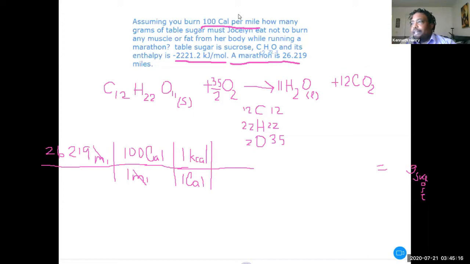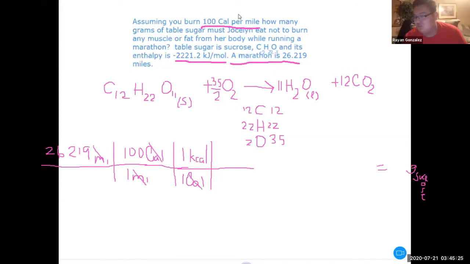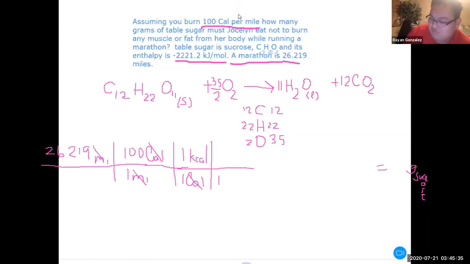Well, let's keep going. We're not going to waste our time doing that. So what is the next thing that we want? The kilojoules. So what is the relationship between kilojoules and kilocalories? 1 kcal equals 4.184 kilojoules. Okay.